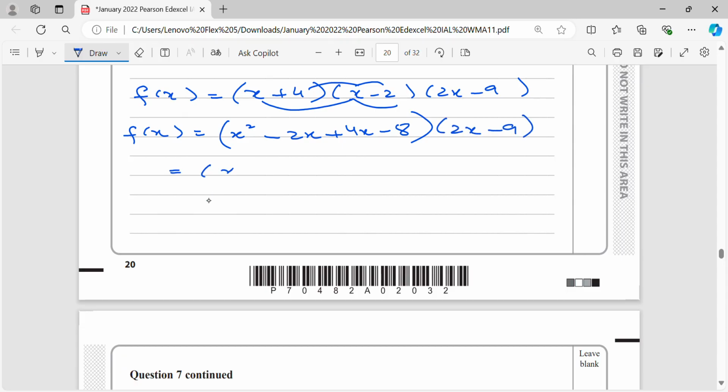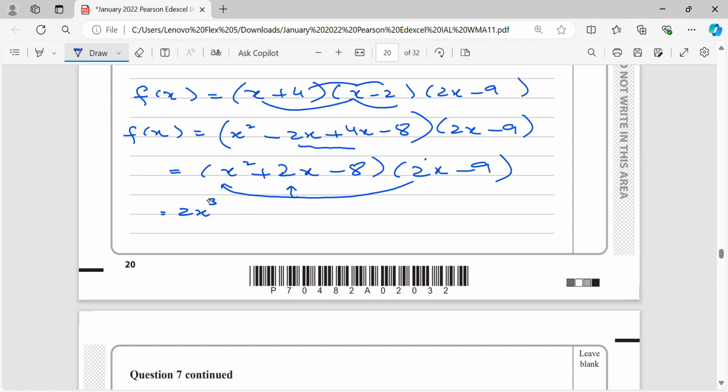Okay, so x squared plus, collect like terms, so minus 2 plus 4 is positive 2x, minus 8, into (2x minus 9). Okay, now it's time to multiply with the third bracket. So 2x multiplied by x squared is 2x cubed, and then 2x times 2x is 4x squared, and then 2x times minus 8 is negative 16x.